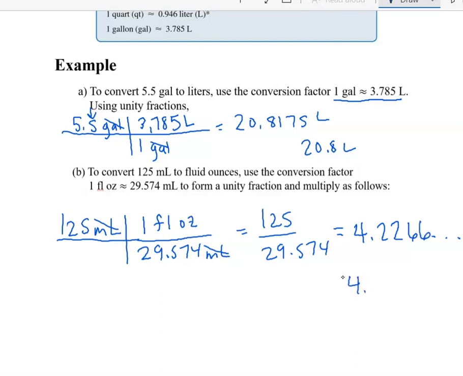So 4 point. And if we're going to round to significant digits, we would have to round to the ones place. But remember that this is thousandths right here in milliliters, and it's in the thousandths place. We actually could carry it to the third. So 4.227 ounces.